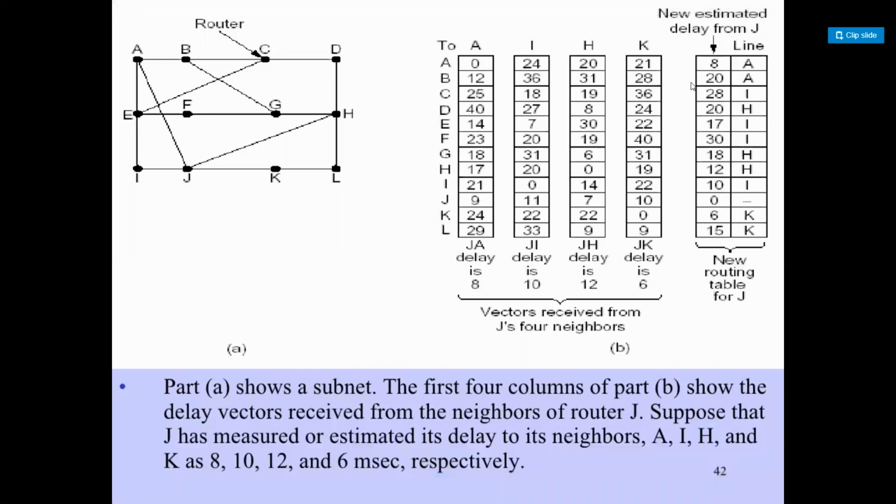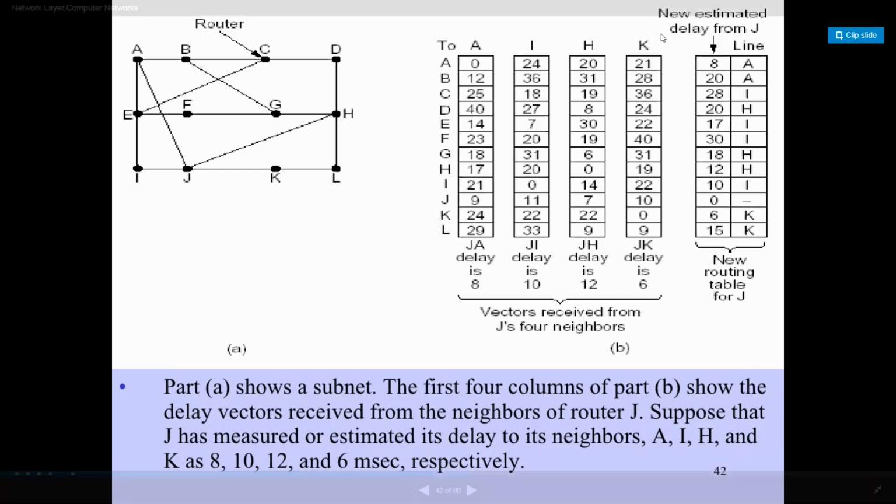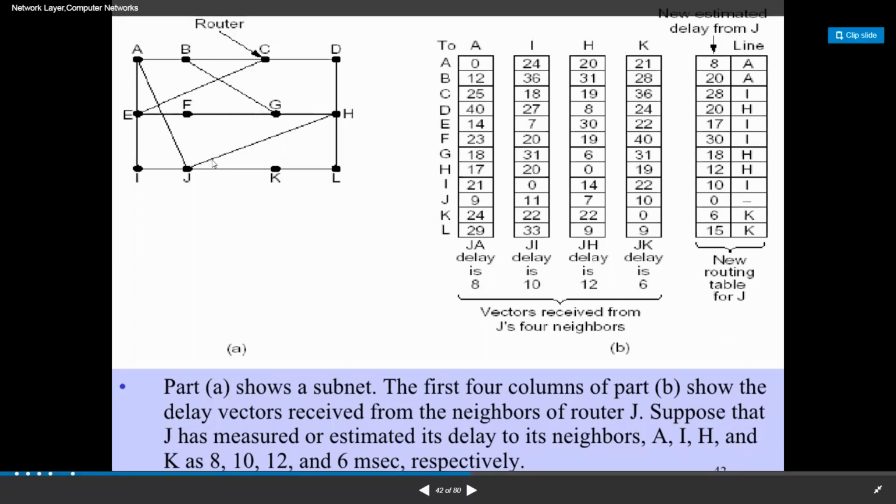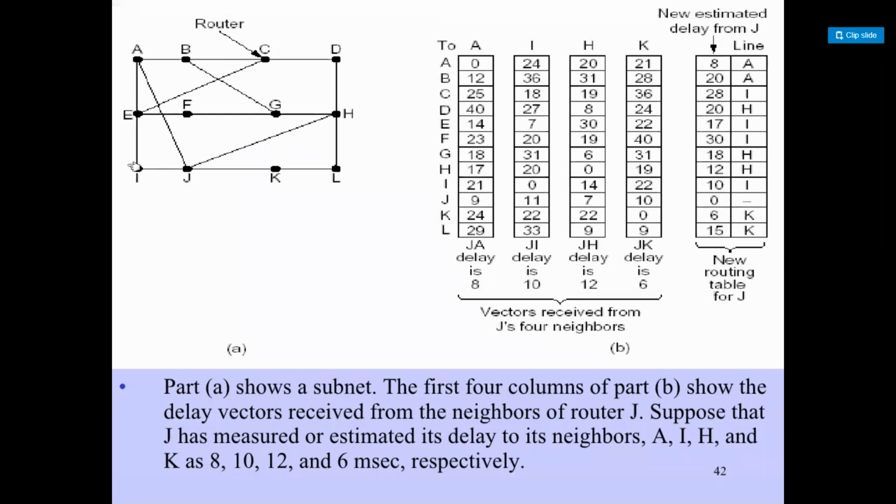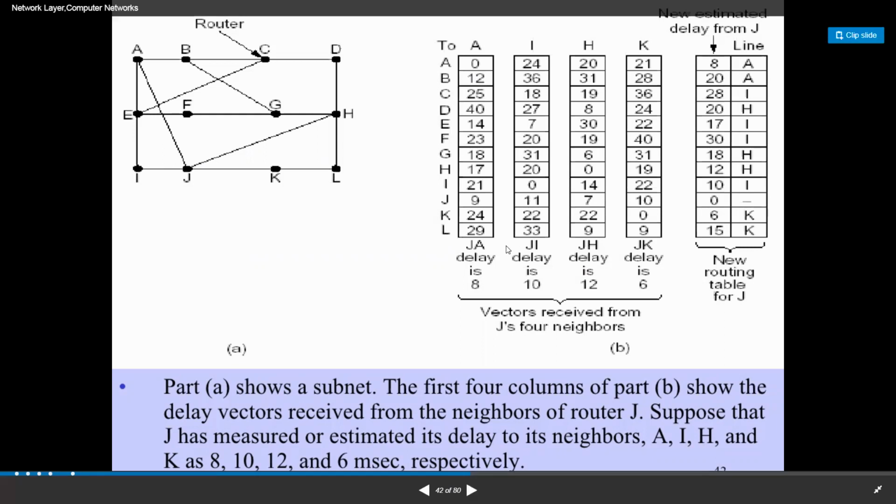Here in this distance vector routing algorithm, I have taken J. You can take any other router or node and find out its adjacent nodes and all the delays from that router to the adjacent nodes, which they have given here.